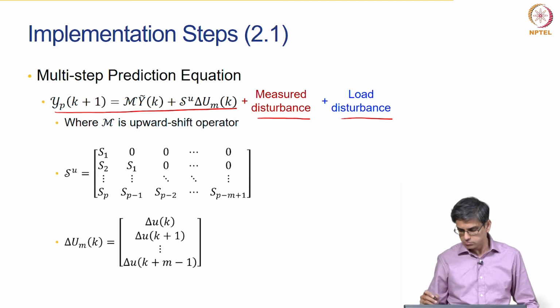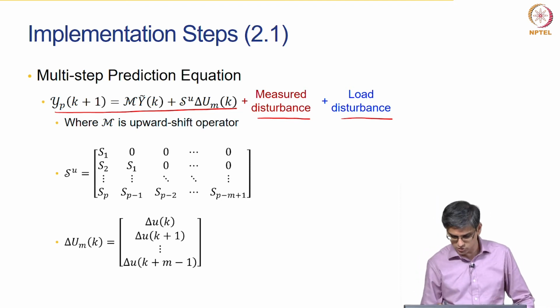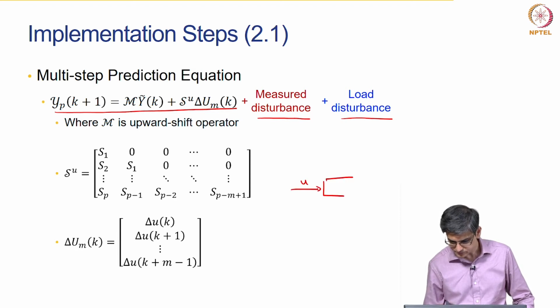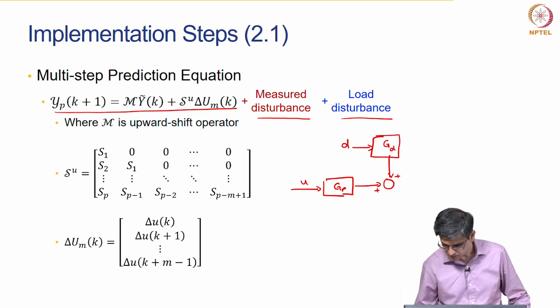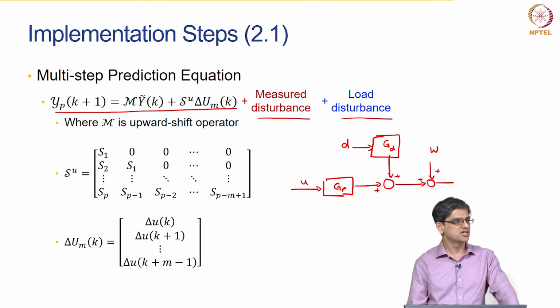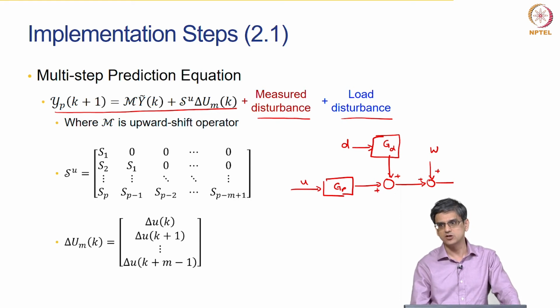Okay. So, in your undergrad courses you might have said that you have your U, you have your GP, this is the most generic block diagram of a process that you might have looked at in your undergraduate.